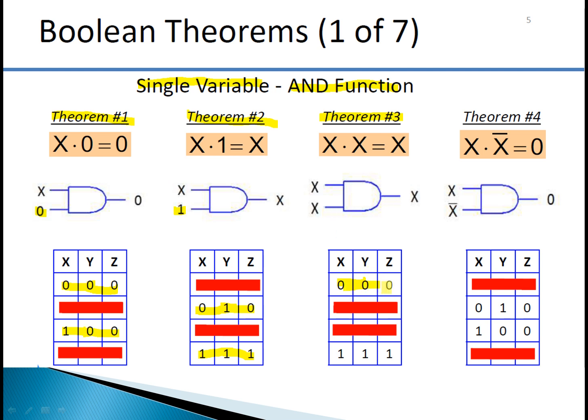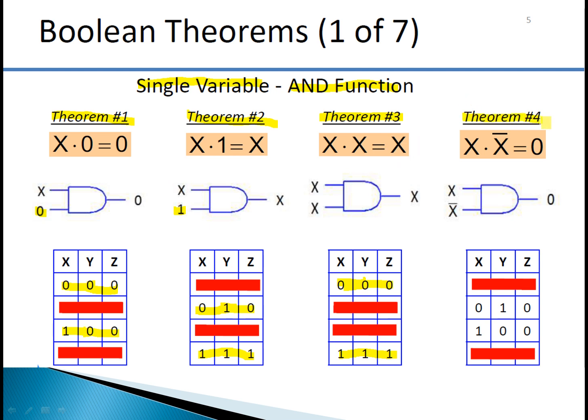So 0 into 0 output is 0, and if the x value is 1, 1 into 1 is 1. If you consider the output column z, in both the cases, if the x value is 0, output is 0. If the x value is 1, output is 1. Hence x dot x equal to x.